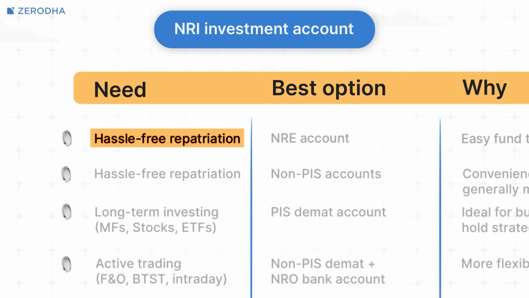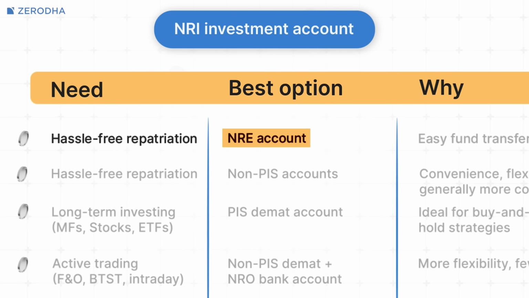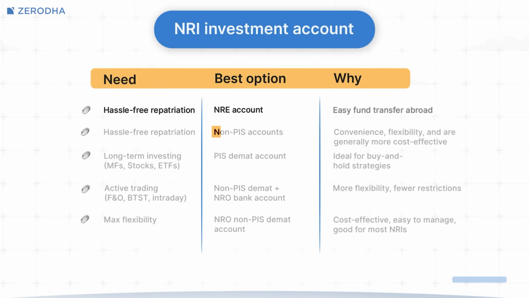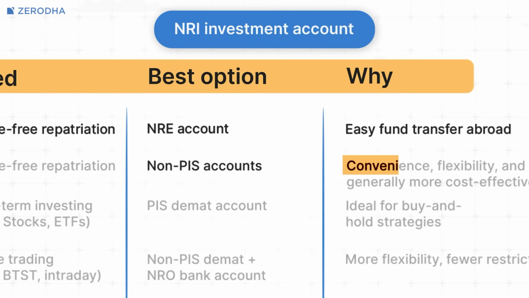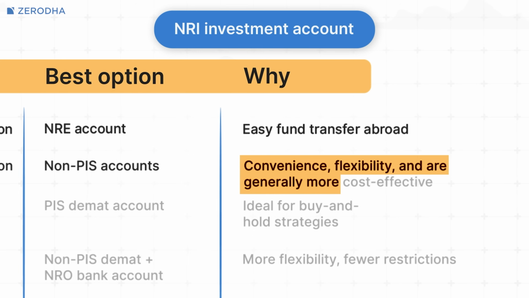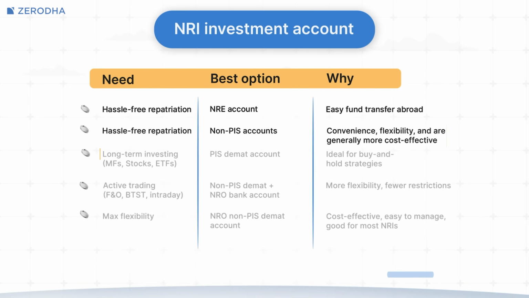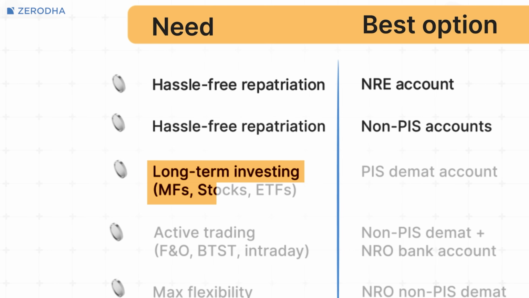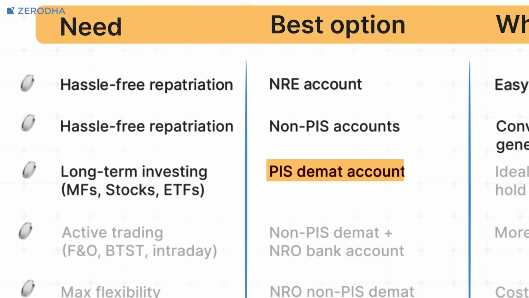Now here is your decision framework. It largely depends on your repatriation needs. If you are looking to transfer funds abroad without any hassle, it is usually better to opt for an NRE account. But on the other hand, non-PIS accounts usually offer more convenience and flexibility, and they are generally a little more cost-effective. For long-term investments like mutual funds, buy and hold stocks, or ETFs, you should ideally go with a PIS demat account.